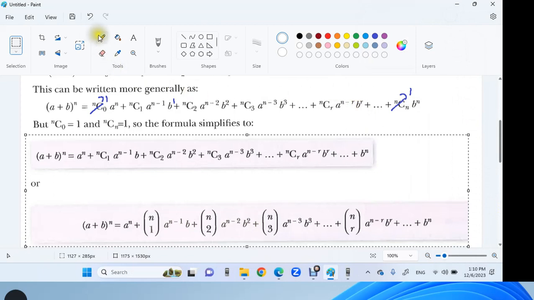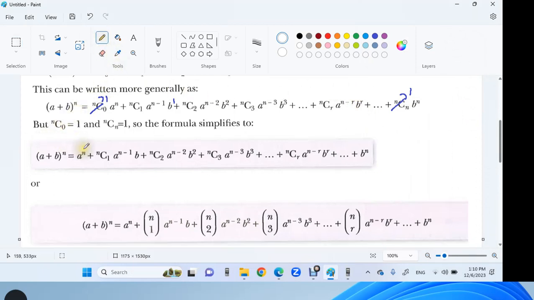So we can simplify as a^n, then nC1 a^(n-1) b^1, nC2 a^(n-2) b^2, and so on, up to b^n. The nCr here we can also write as (n r), so nC1, nC2, nC3, nCr.